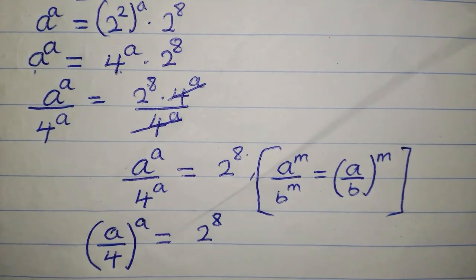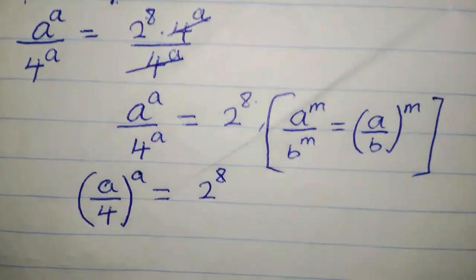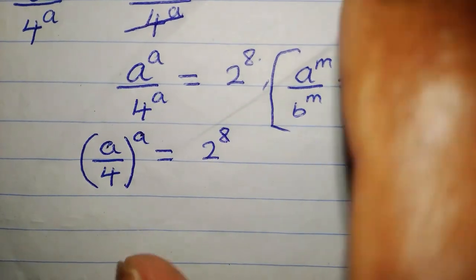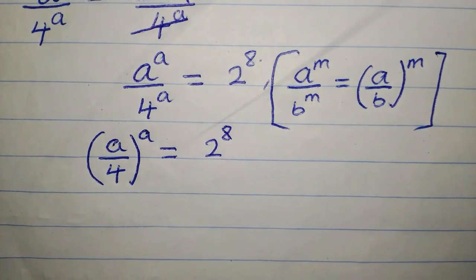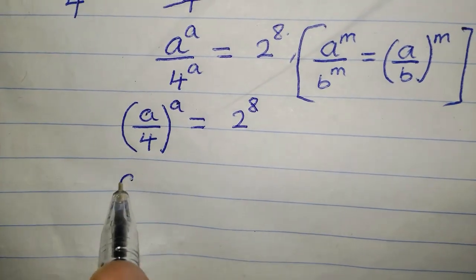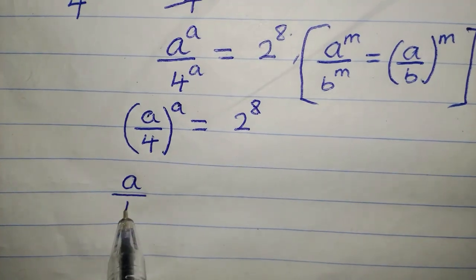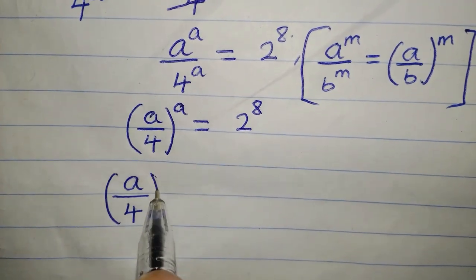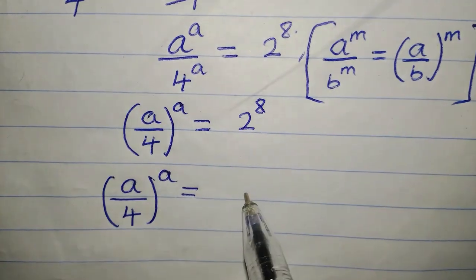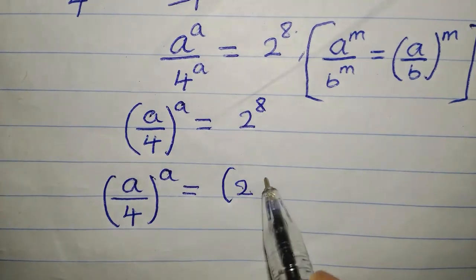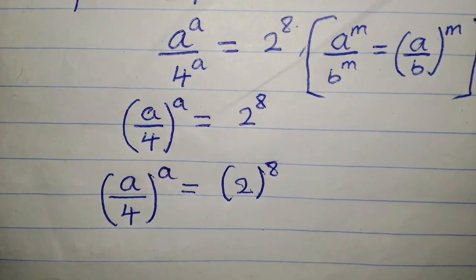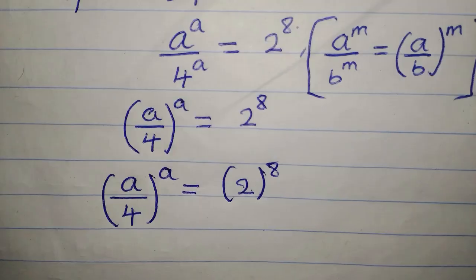If you have to look for the possible value for a, we now have a over 4, all to the power of a, equals, and we can write this as 2 to the power of 8. This is what we now have.